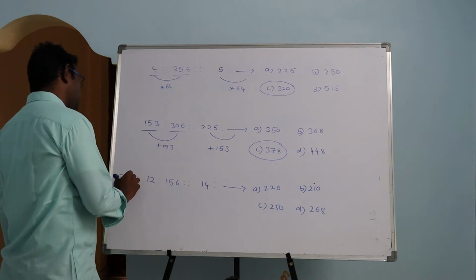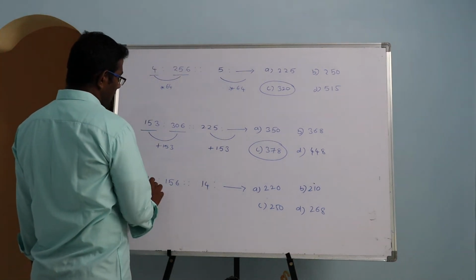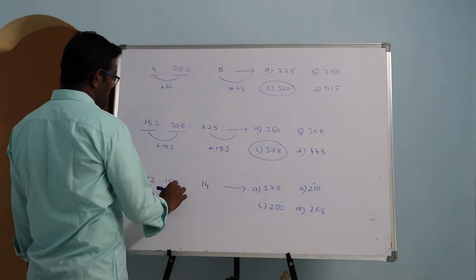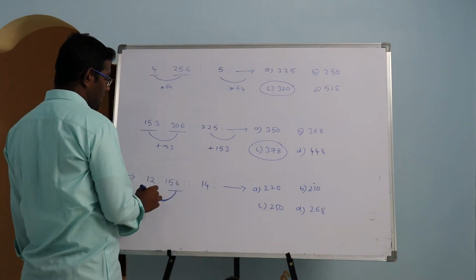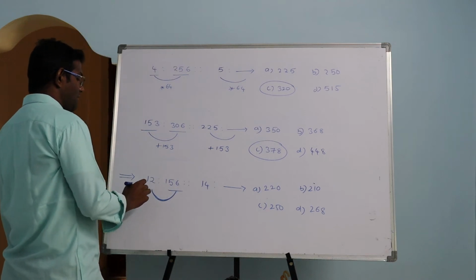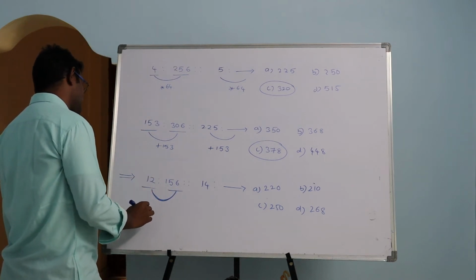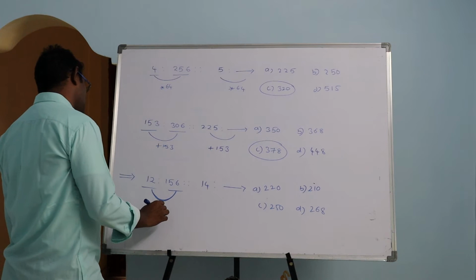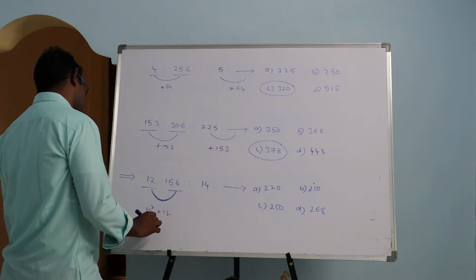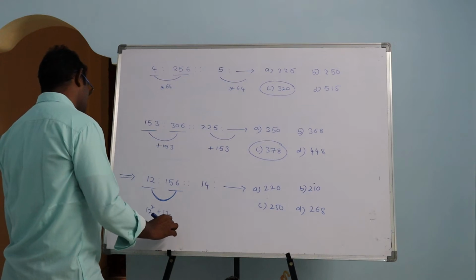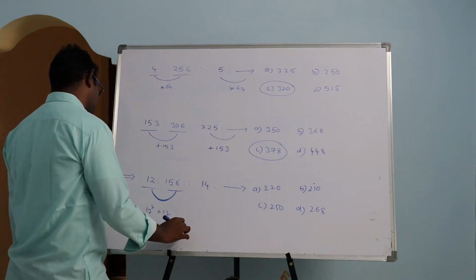12 is 156 as 14 is dash. Is there any relation between 12 and 156? It can be written as 12 square plus 12. 12 square means 144 plus 12. Your answer goes to 156.